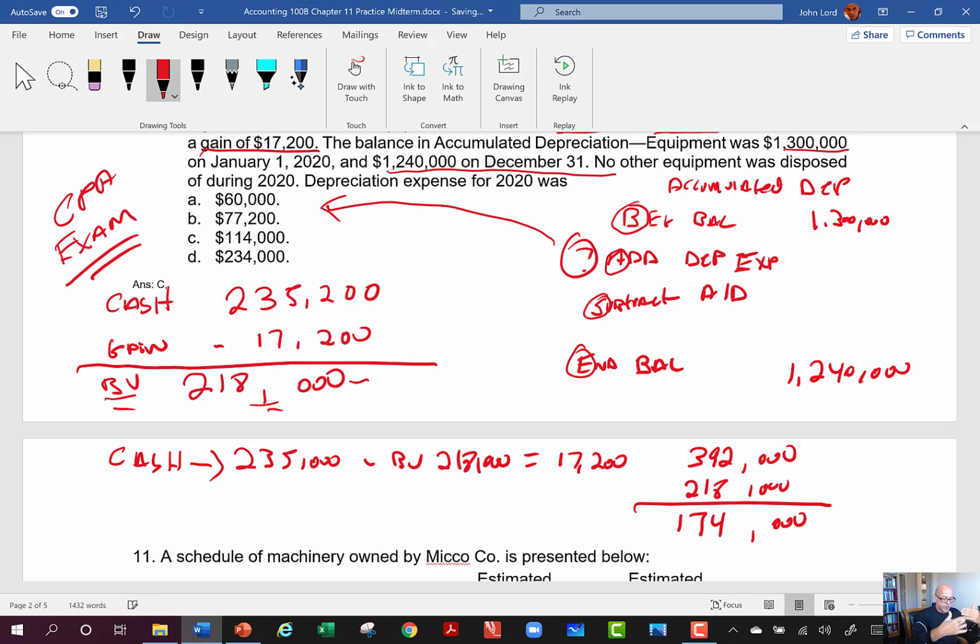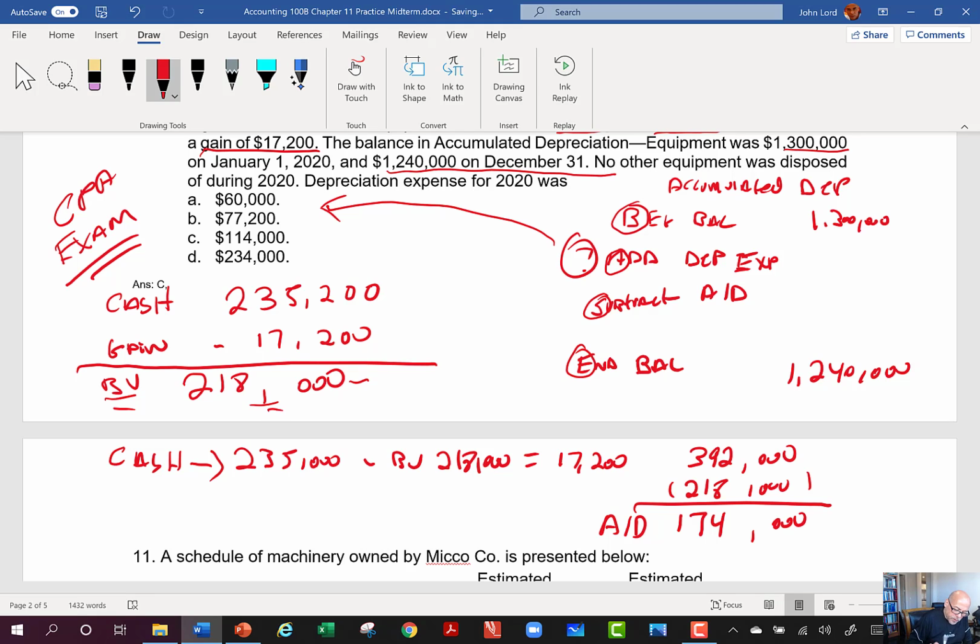Okay, so let me go back over that. Cash $235,200, gain was $17,200. That means that the book value must have been $218,000. They told me the cost. I subtract the book value from the cost, and that means the accumulated depreciation would have been $174,000.